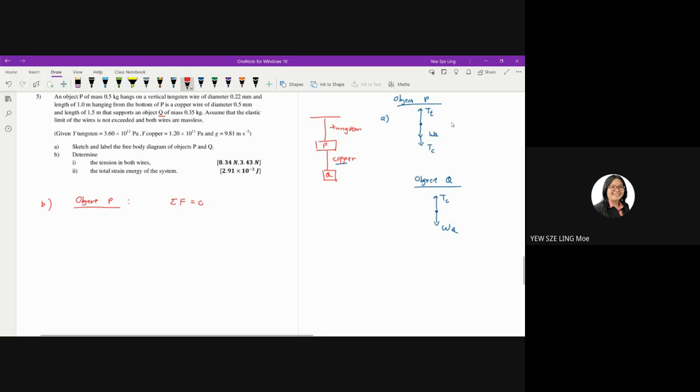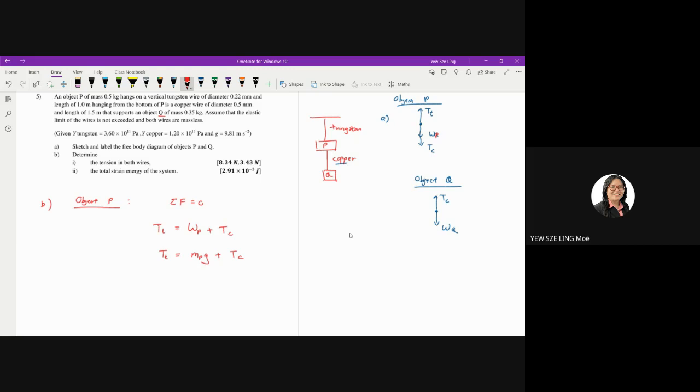According to my free body diagram, TT equals WP plus TC, so TT can be written as MPG plus TC.